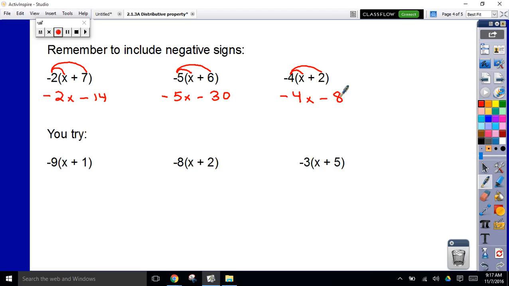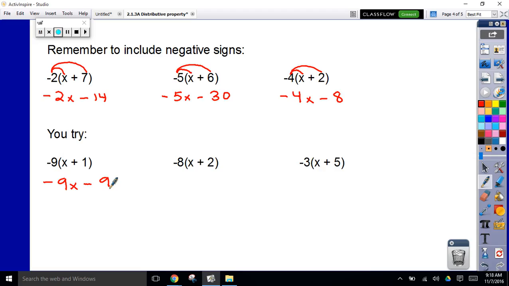Okay, now 3 examples for you to try. Jace, what do we get for the first example? Negative 2x. No, this one on the try. Oh, negative 9x. Good, or minus 9. Okay, next example.